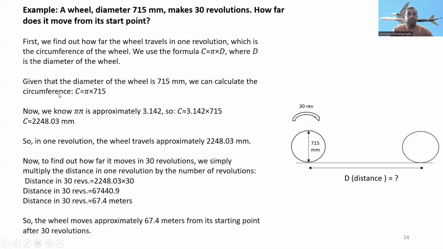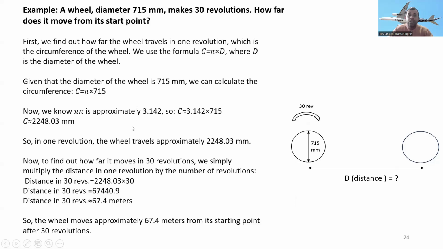First we find out how far the wheel travels in 1 revolution, which is the circumference of the wheel. We use the formula circumference equals π times D, where D is the diameter of the wheel. Given that the diameter is 750 millimeters, the circumference equals π times 750.